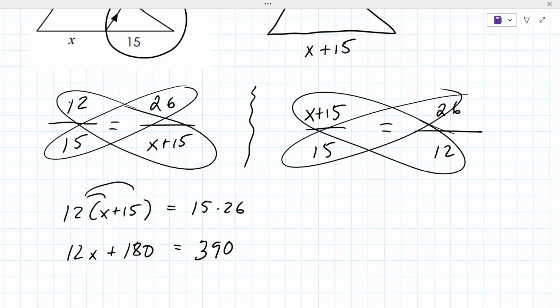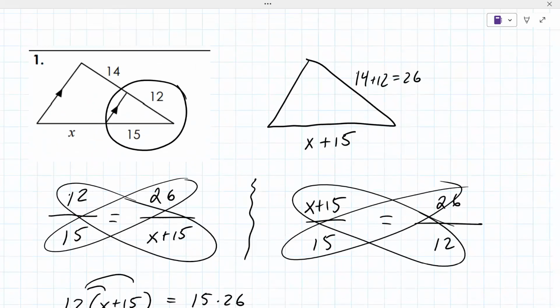Would it be x equals 35 over 2? Let's see here. It's looking okay. Yeah, that is it, 35/2. That's perfect.